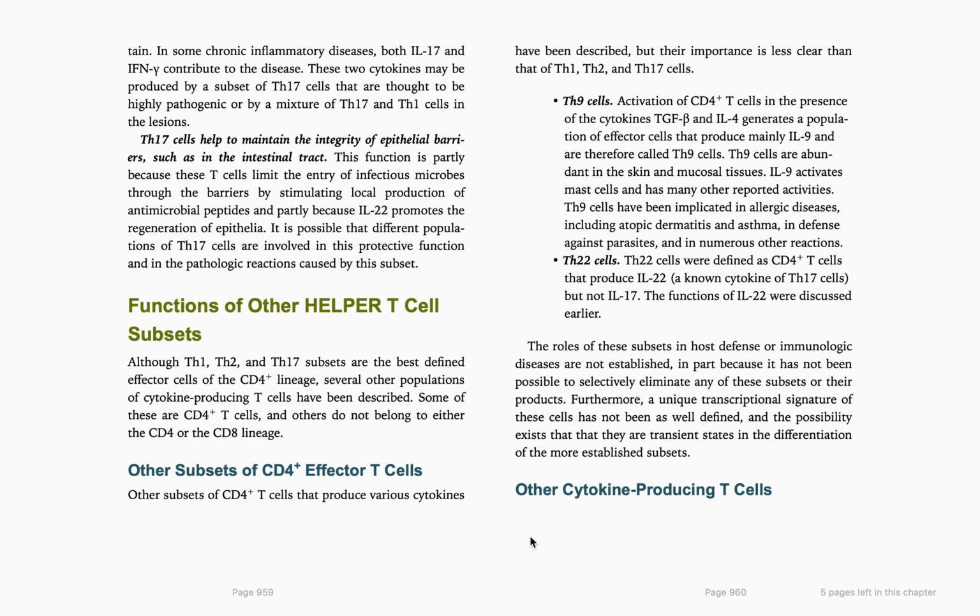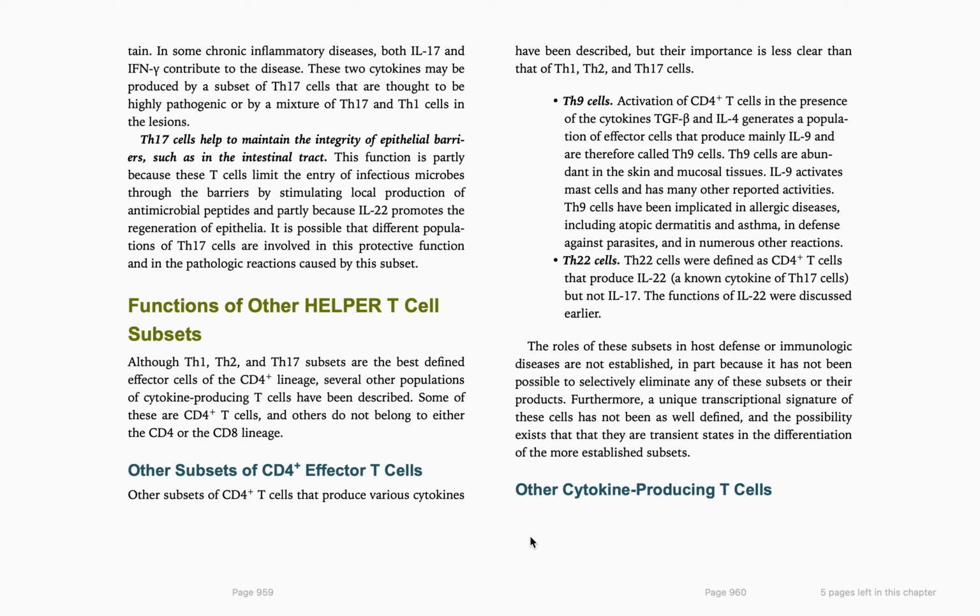T helper 22 cells were defined as CD4 plus T cells that produce interleukin 22, a known cytokine of T helper 17, but not interleukin 17. The functions of interleukin 22 were discussed earlier.